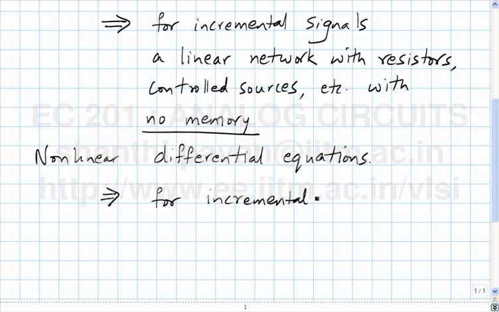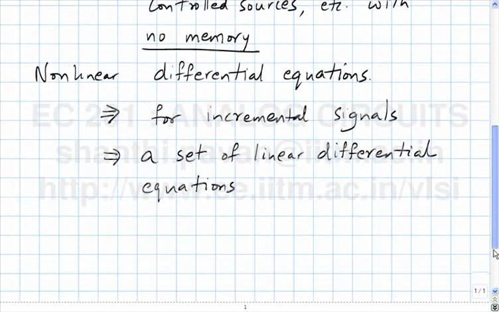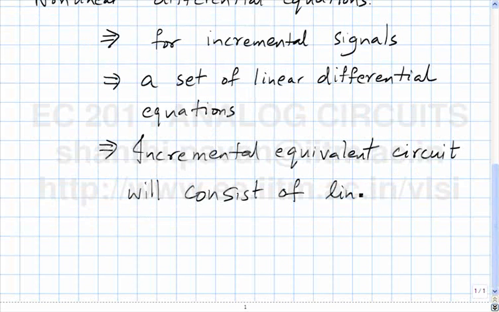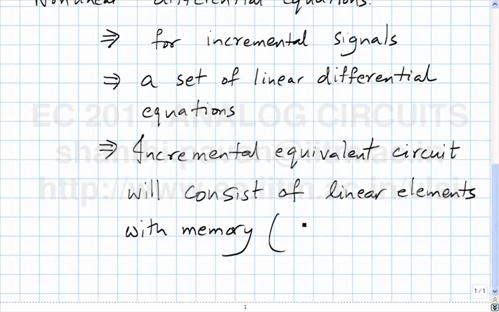When you have nonlinear differential equations describing the device or the network, for incremental signals you will expect a set of linear differential equations, which means that the incremental equivalent circuit consists of what? It will consist of linear elements with memory. Examples: L's, C's, transmission lines, etc., can all appear now in the incremental equivalent circuit.